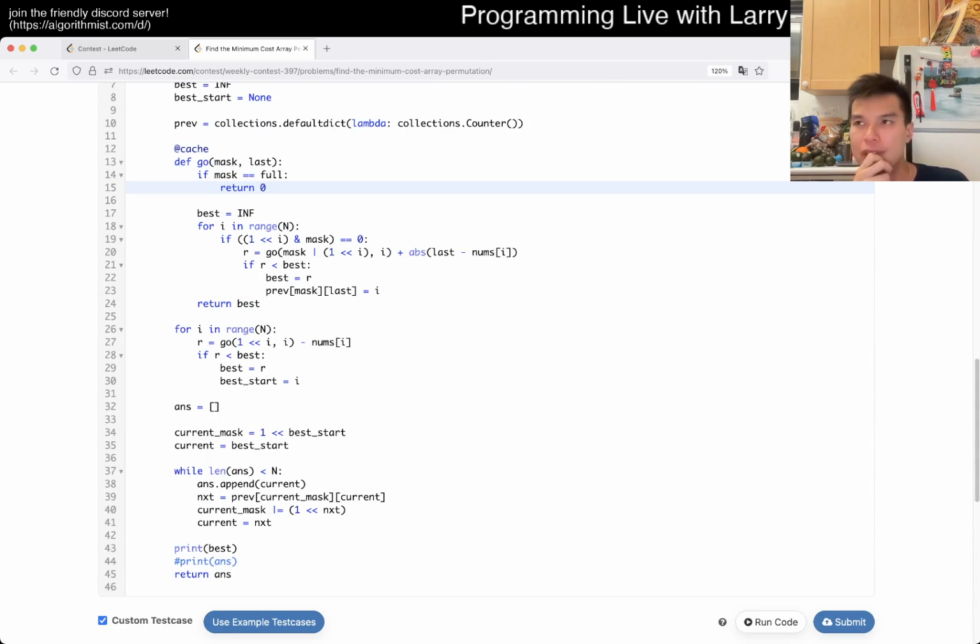I don't think if we ignore the last one. That changes a lot of things.